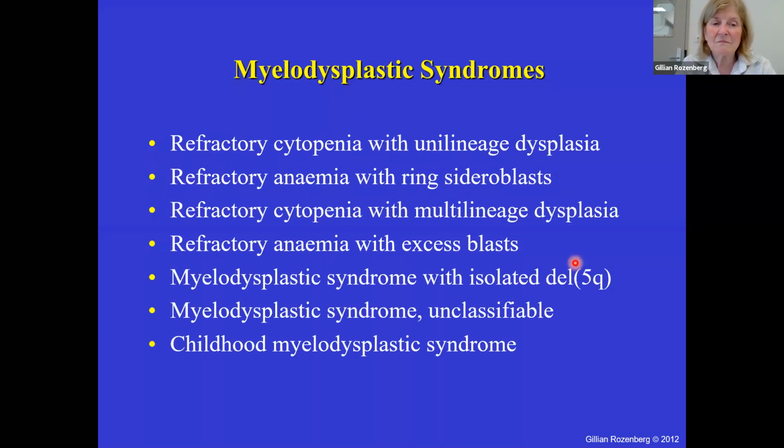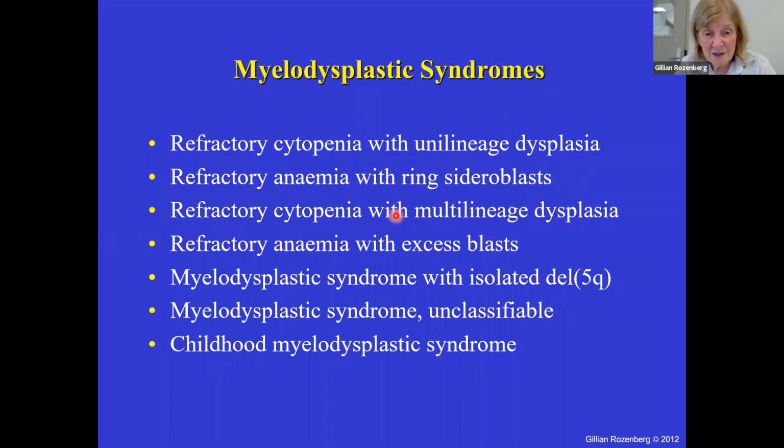So I'm going through the 7 groups. Refractory cytopenia with unilineage dysplasia, refractory anemia with ring sideroblasts, refractory cytopenia with multilineage dysplasia, and refractory anemia with excess blasts. Now, in case any of you are not too sure of the term refractory, it basically means does not respond to treatment.